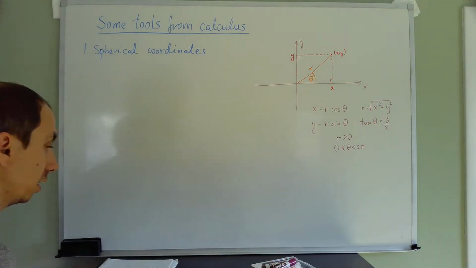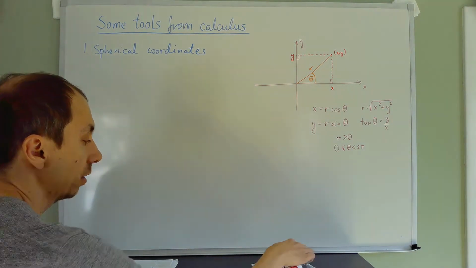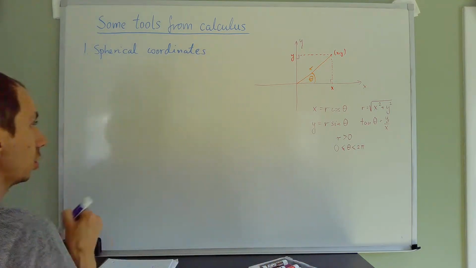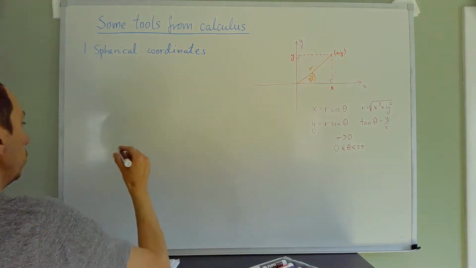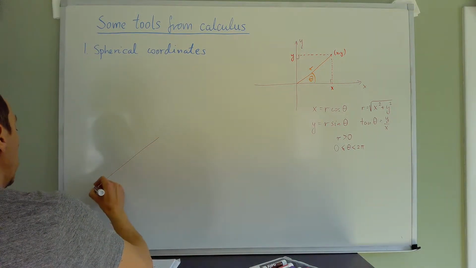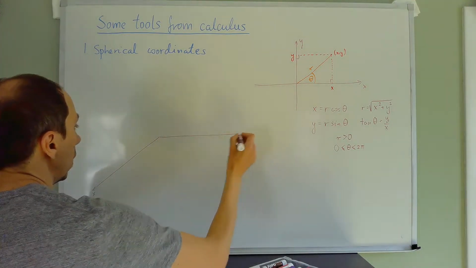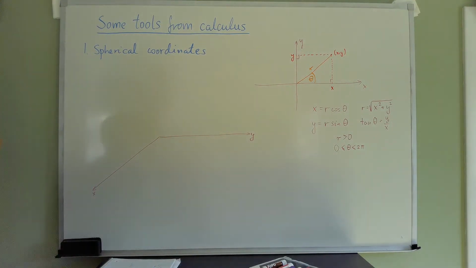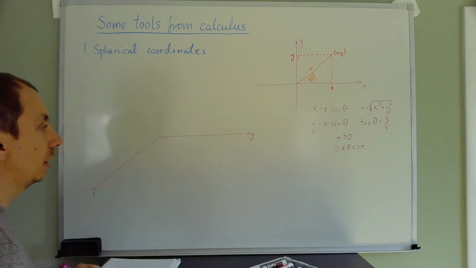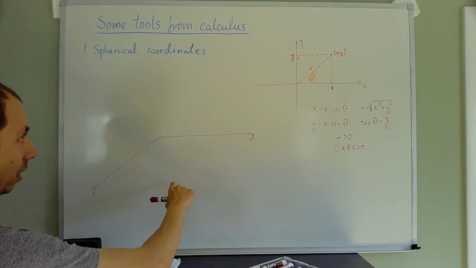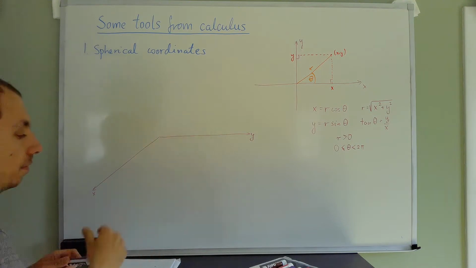So spherical coordinates are sort of like the polar coordinates, but you add an extra dimension. And sometimes what confuses people is the orientation of the x and y axis. So here's the x-axis, here's the y-axis. If I want a point that has both x and y coordinates positive, it's going to lie here on this side rather than here.